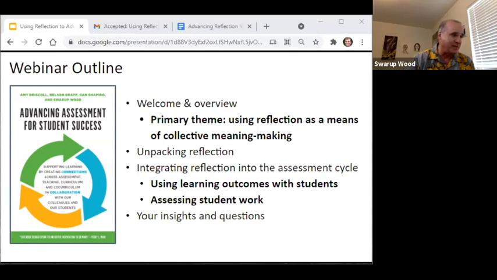All right. So our time with you today focuses on using reflective practices to get more out of your investments in assessment. Dan will talk more about this later, but we find these practices hugely helpful in shifting the assessment lens from focusing on psychometrically valid data to focusing on collective meaning making in ways that build community and facilitate improvement in learning, teaching, and assessment practices.